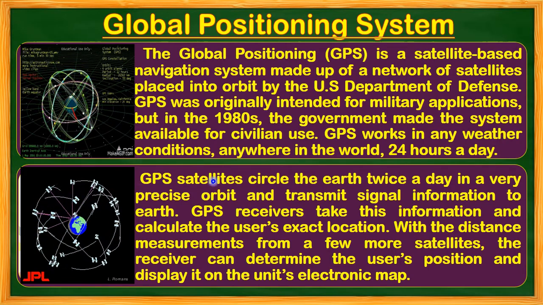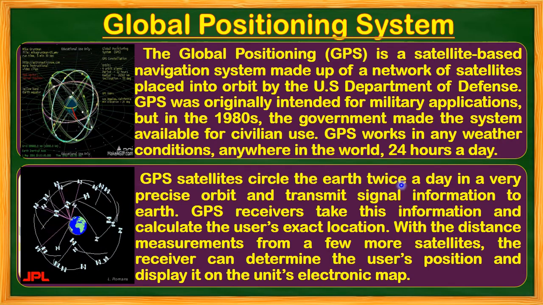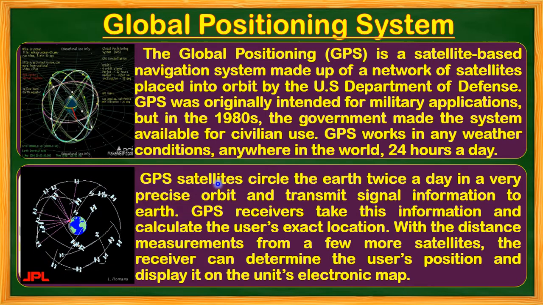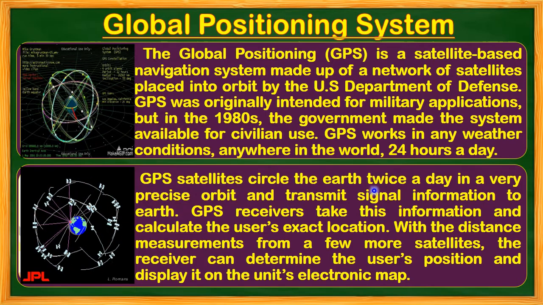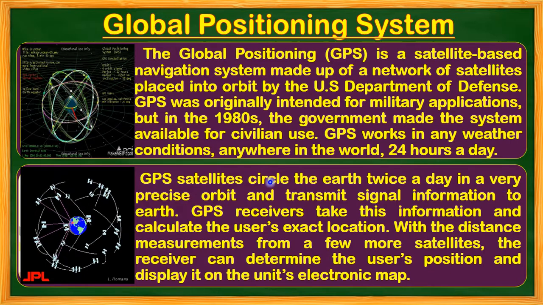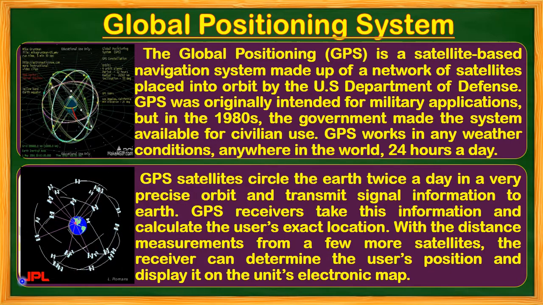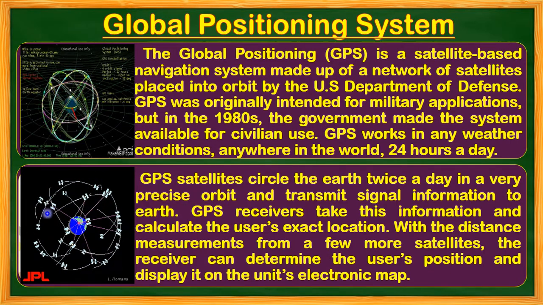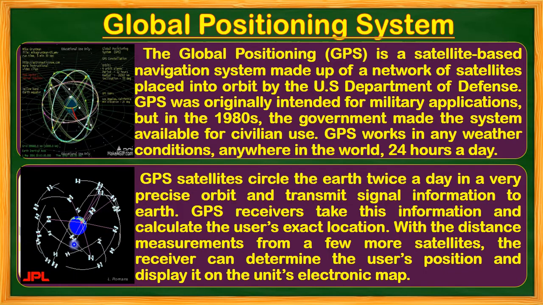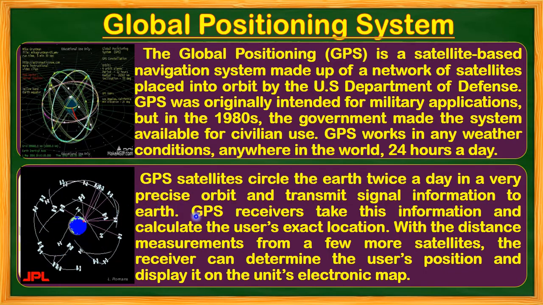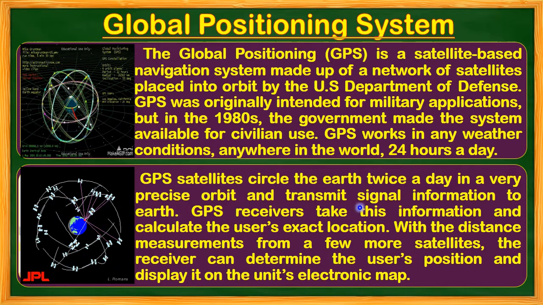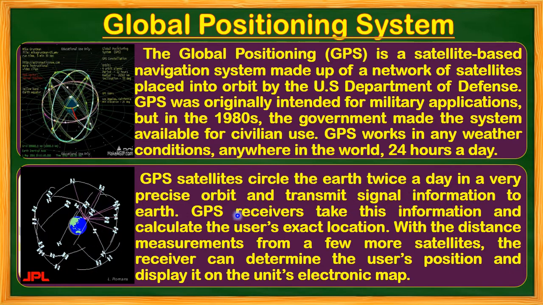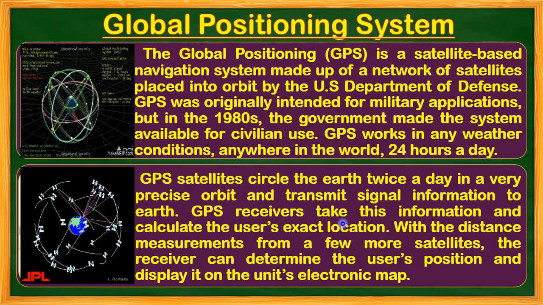GPS satellites circle the Earth twice a day in a very precise orbit and transmit signal information to Earth, like what we see now on the left side of the monitor. This is how GPS works. GPS receivers take this information and calculate the user's exact location.